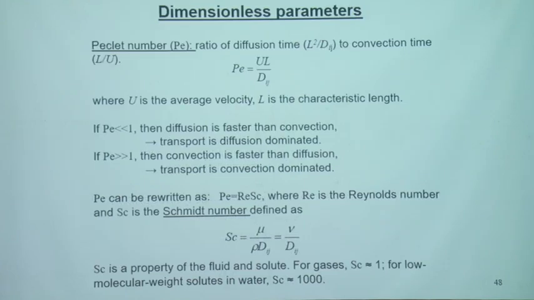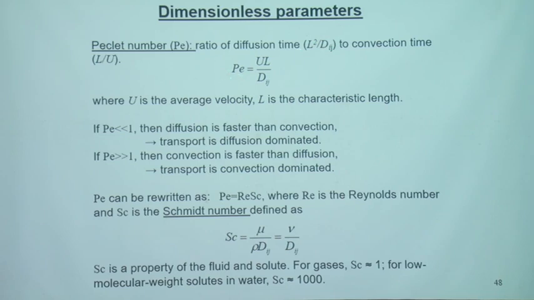Some of the dimensionless parameters relevant to describing mass transfer in biological systems: one is the Péclet number. The Péclet number is defined as the ratio of diffusion time to convection time. Diffusion time is determined by the characteristic length scale squared divided by the molecular diffusivity.